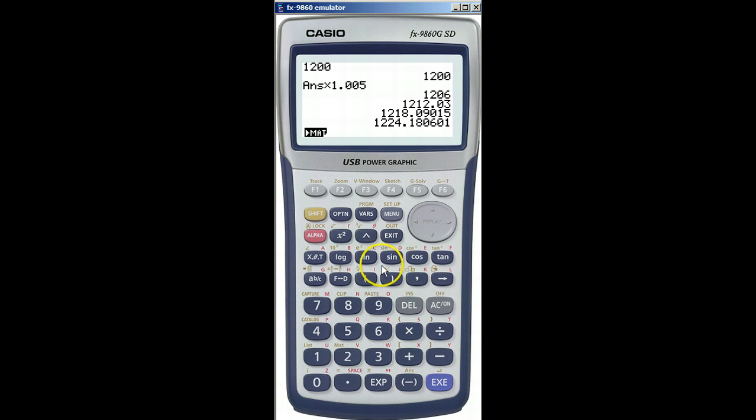So what we'll do is clear the screen. We'll start with the $1,200. That's the amount we're borrowing. Then we'll take the answer and we'll multiply that by 1.005.